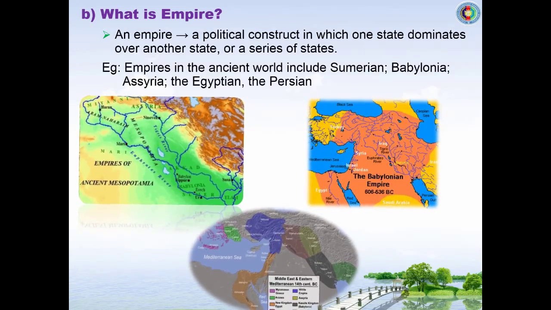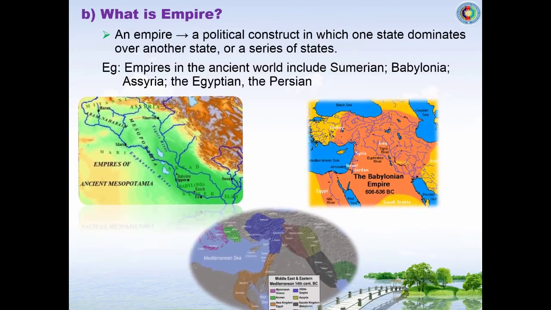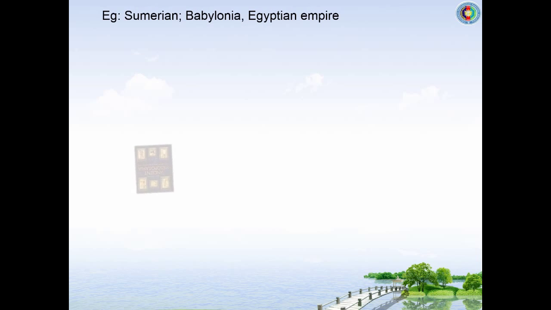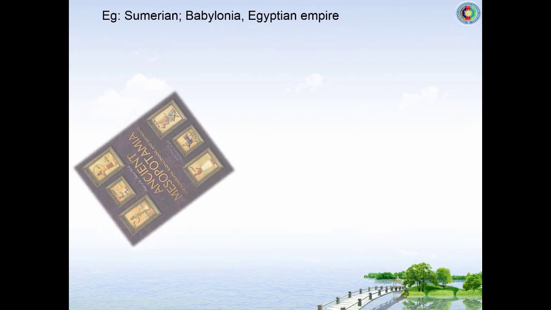A group of states and peoples, ethnic groups, that was united and ruled by a central authority, either a monarch or oligarchy. For example, empires in the ancient world include the Sumerian, Babylonian, Assyrian, the Egyptian, and the Persian.